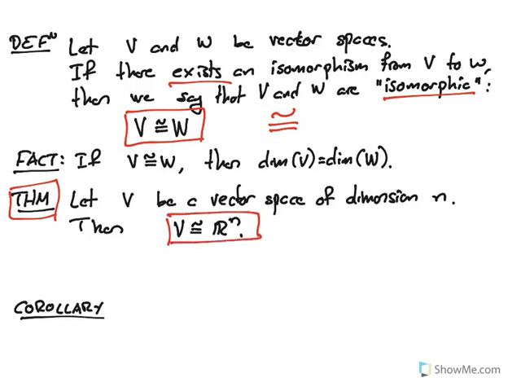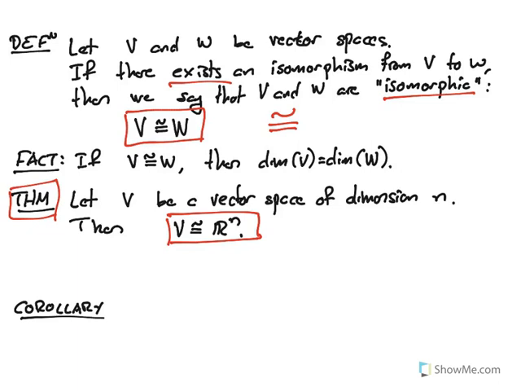So in some sense, every n-dimensional vector space is really just Rn. It might be disguised slightly, as in, say, the space of cubic polynomials, which, as we've seen many times, behaves just like R4. They're in a strong sense the same vector space.